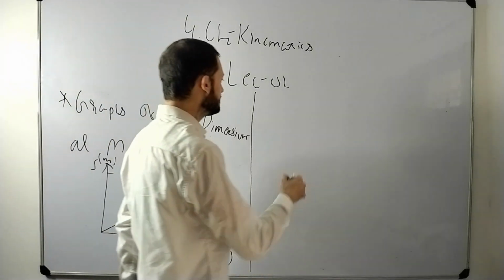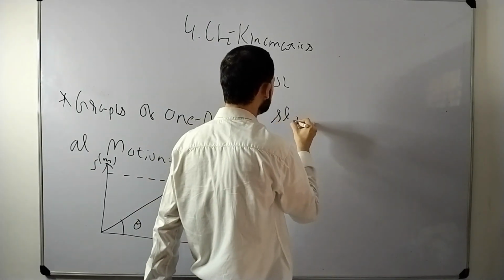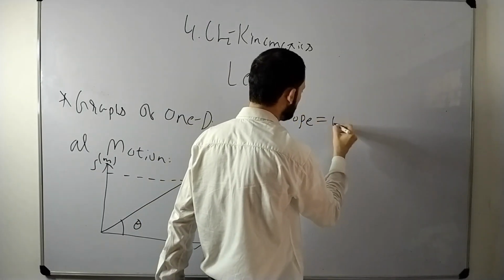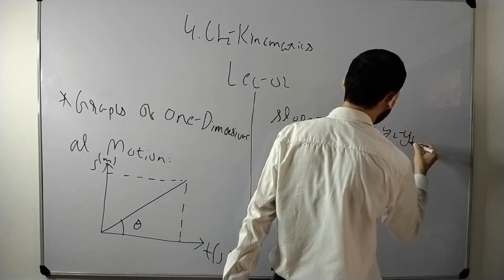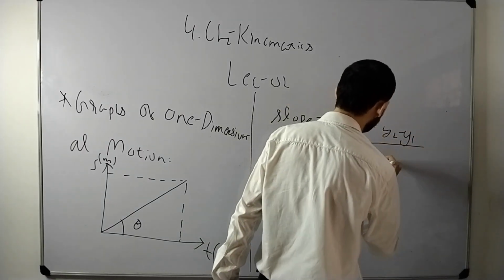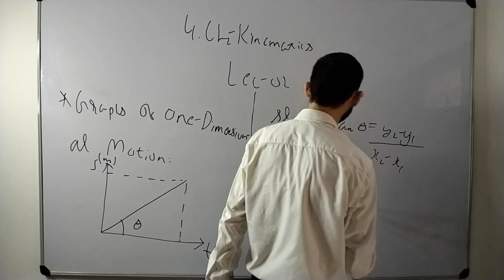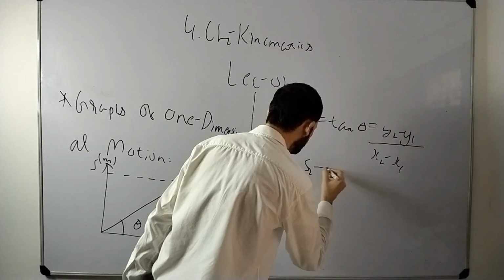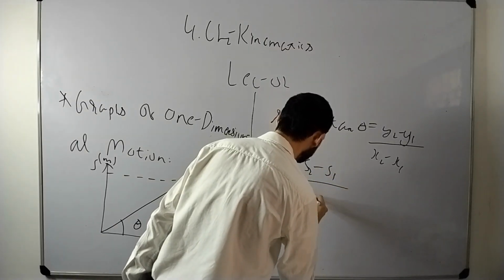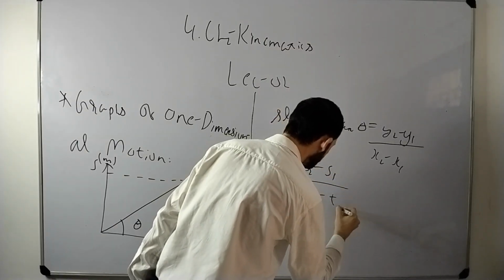So what should I write? Slope. So slope is tan theta, and tan theta value is what? Y2 minus y1 over x2 minus x1. Then this gives S2 minus S1 over T2 minus T1.